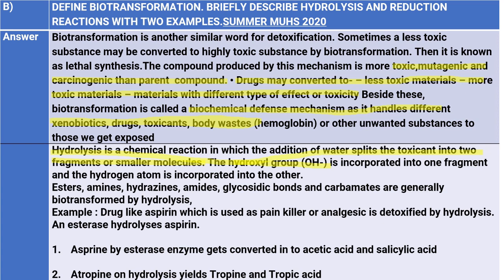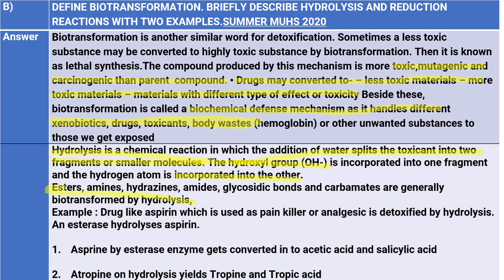From H2O, one OH goes to one fragment and the other goes to the other fragment. In this reaction, esters, amines, hydrazines, amides, glycosidic bonds and carbamates are generally biotransformed by hydrolysis.